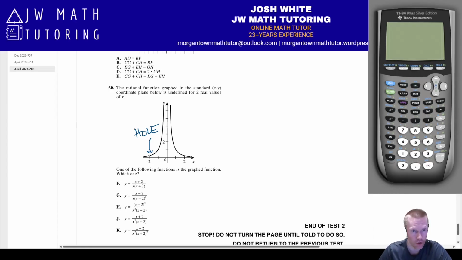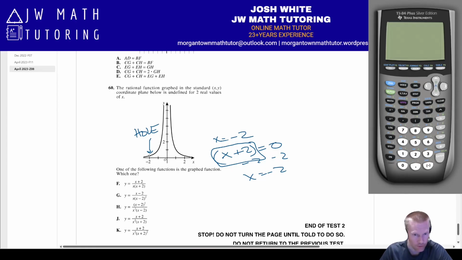Also, because the hole is at -2, the factor associated with it is x plus 2, because if you set x plus 2 equal to 0 and solve it, that's how you get x equals -2. So we're looking for this factor in both the numerator and denominator, and more importantly, it has to be the same degree. If it was a different degree, then one would cancel out, but there wouldn't end up being a hole there. There would still end up being either nothing or an asymptote.